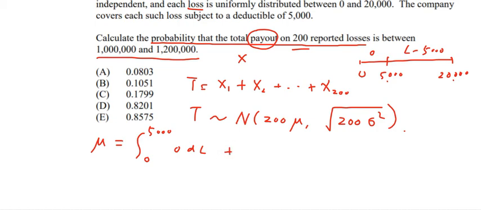Plus, from 5,000 to this, pay is L minus 5,000. Okay, and then this density function is uniform. So this density function is this, dl.